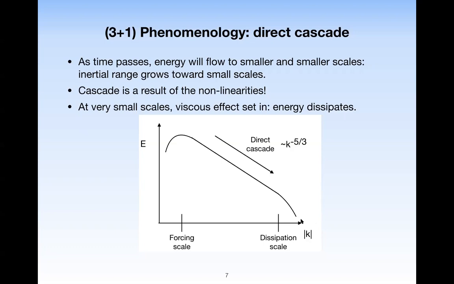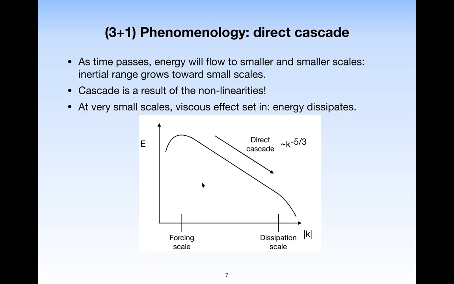Essentially, we keep pumping in vortices at this forcing scale here, then energy is transferred to smaller and smaller scales, or equivalently at larger values of k, and then the vortices are being removed here because of the viscosity. So our system goes into a steady state.